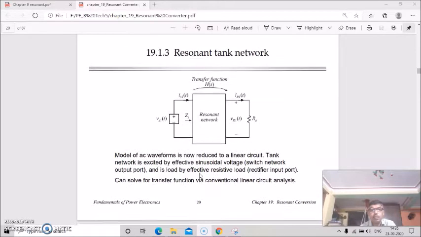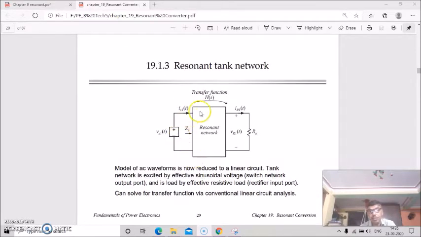Now the resonant tank network. The model of AC waveforms is now reduced to a linear circuit, and the tank network is excited by the effective sinusoidal voltage from the switch network output port, and is loaded by the effective resistance at the rectifier input port.